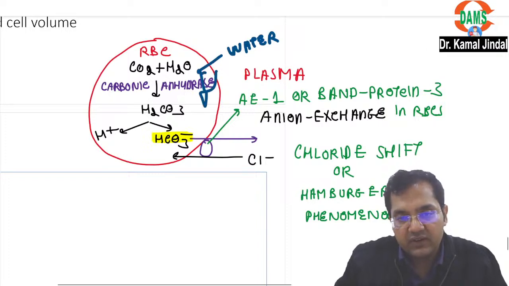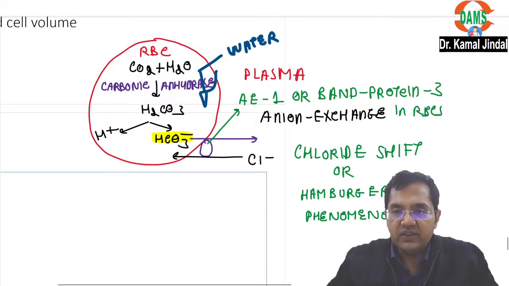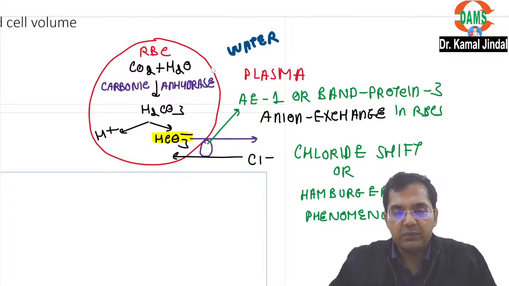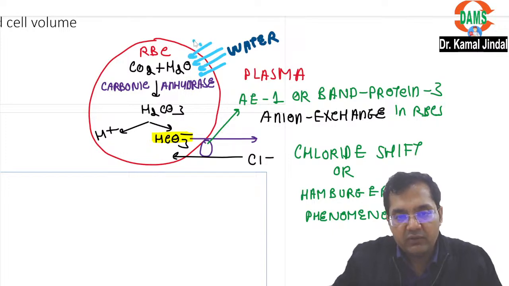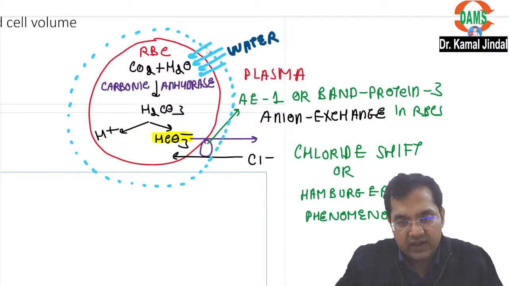As the water starts coming in, think about it, what will happen to your RBC volume? The RBC volume slightly increases. That means the venous RBCs are more swollen than the arterial RBCs.